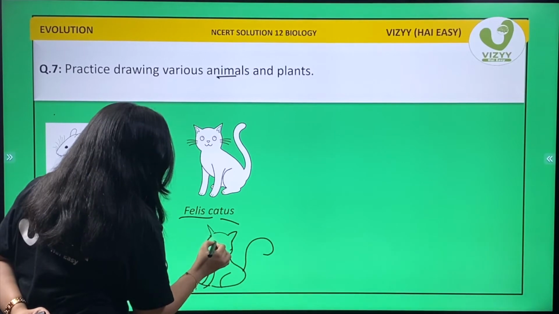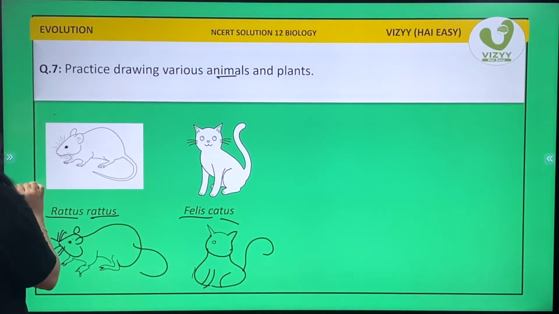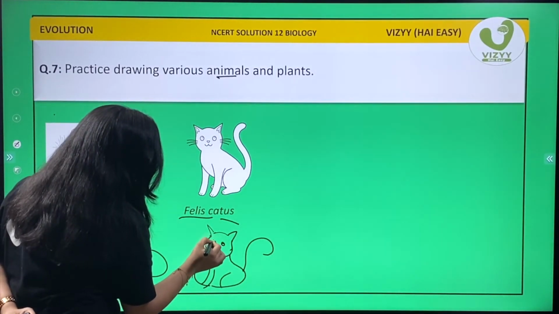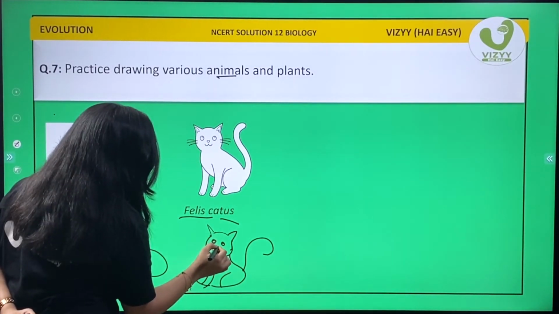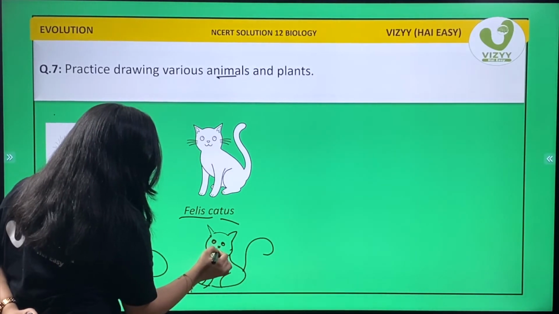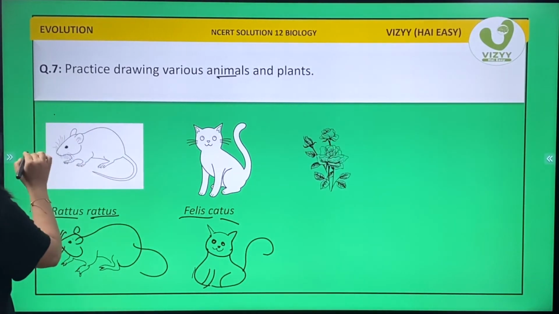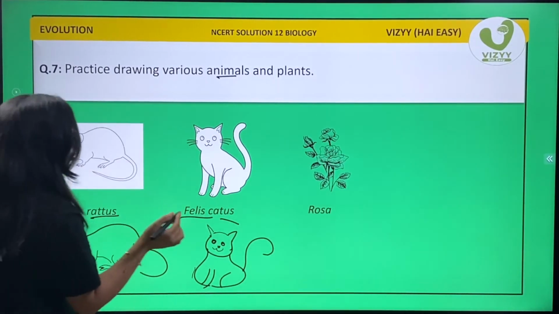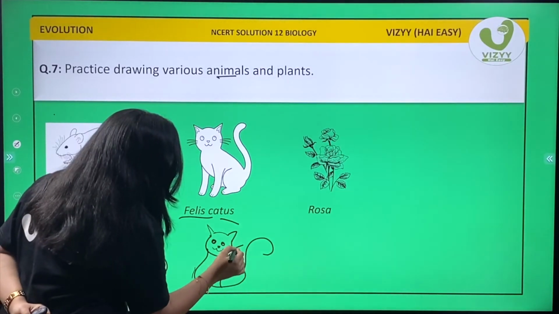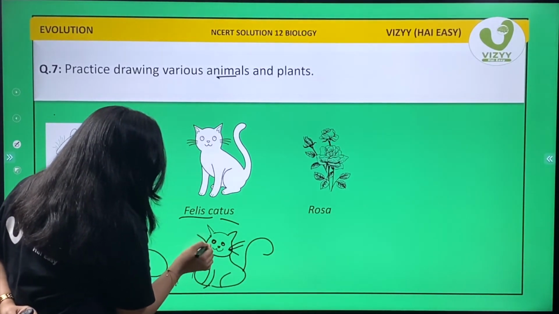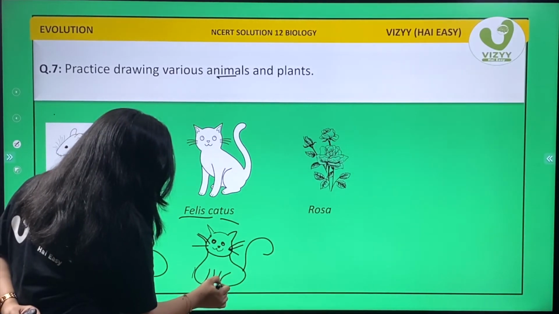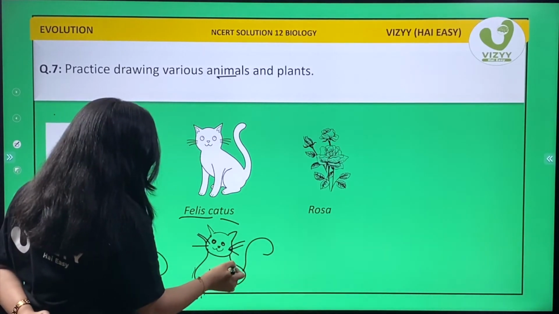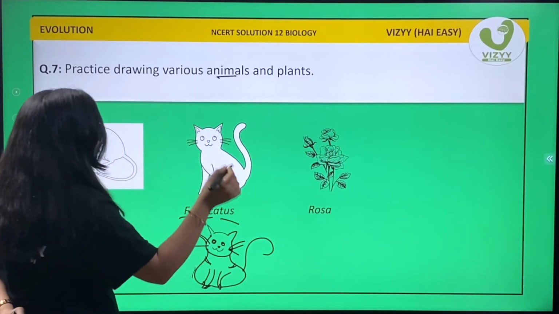This is your cat. It looks a bit like a cat, so please excuse me for my drawing. Whiskers. So these are the forelimbs and it is sitting on its hind limbs. So I guess we're done with your cat as well.